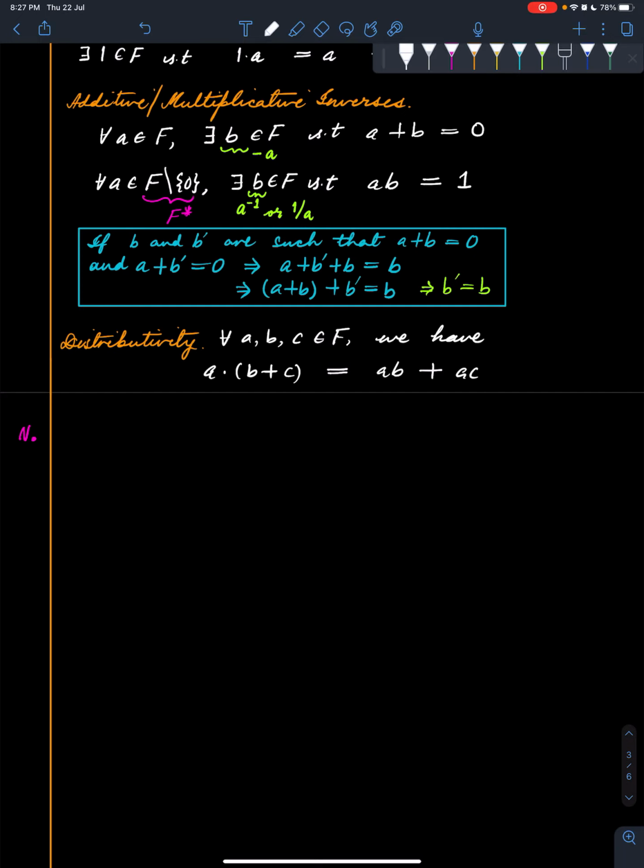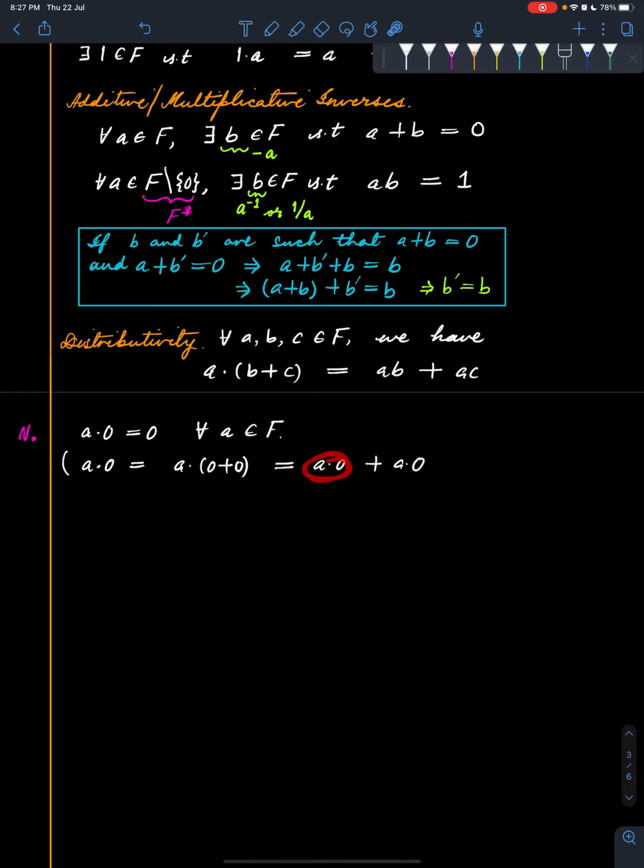What I want to note is that A dot 0 is 0 for all A. Why is that? This is because A dot 0 is A dot 0 plus 0, which is by distributivity A dot 0 plus A dot 0. And now whatever this element is, add the additive inverse of it to both sides of this equation.